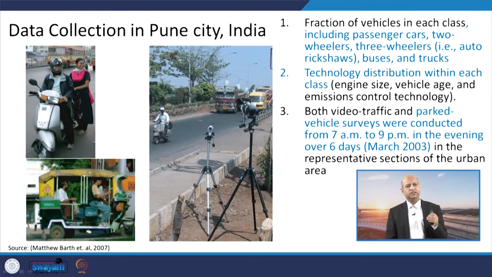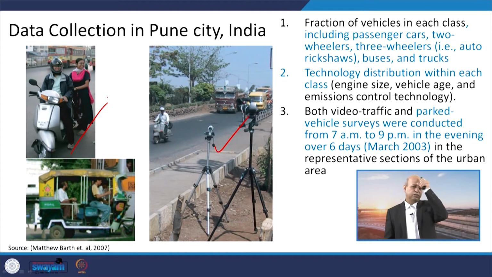So, the data collection, as I said, was a ground based survey, and primary data were collected by using camera-related video capturing, also surveying vehicle usage, and stopping and requesting people to give some information.